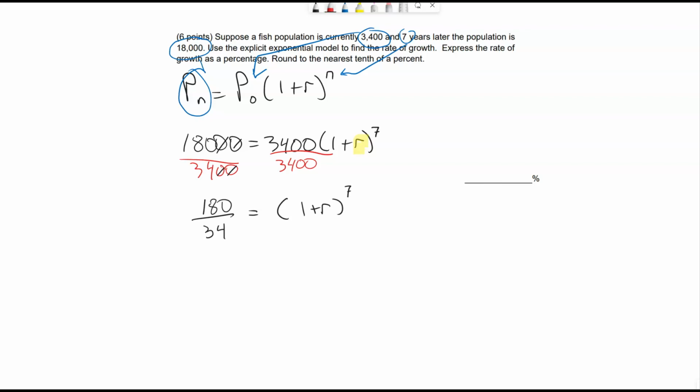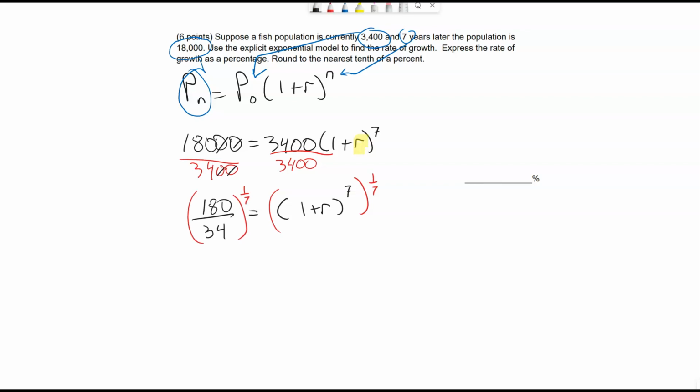Now, to find the rate, we need to use a root, the 7th root. Now, the 7th root is actually a 1/7 power. So I prefer to write this as a 1/7 power. It makes it easier to calculate on the left side to have it written in this way.